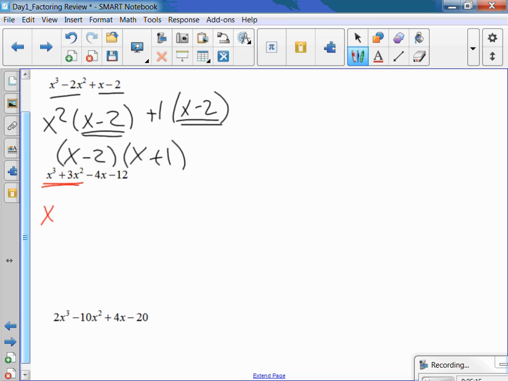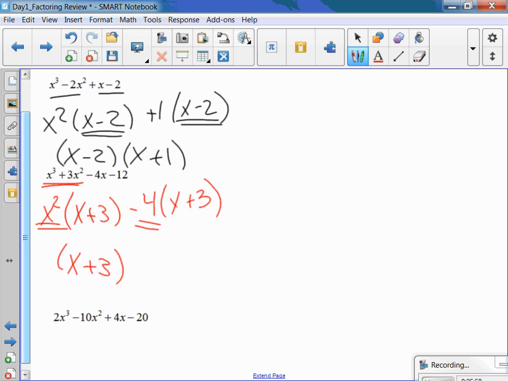And now the second part, I have a minus 4x minus 12. What's the GCF here? Negative 4. Once again, you can see inside the parentheses we have that common factor of x plus 3. And we're left behind with x squared minus 4.